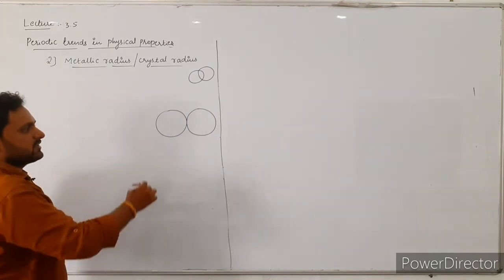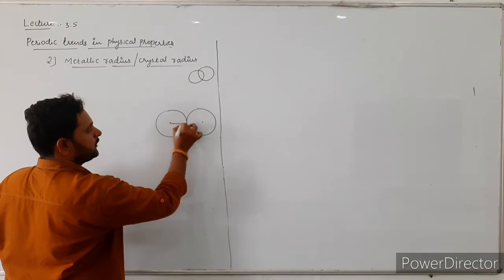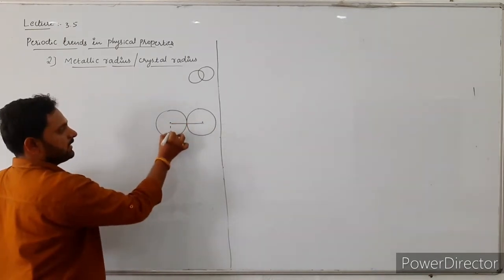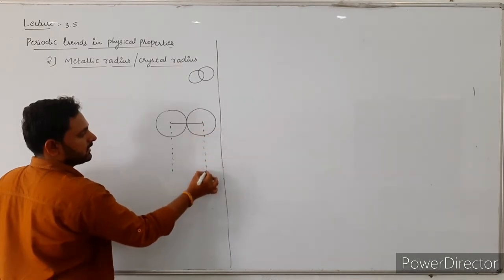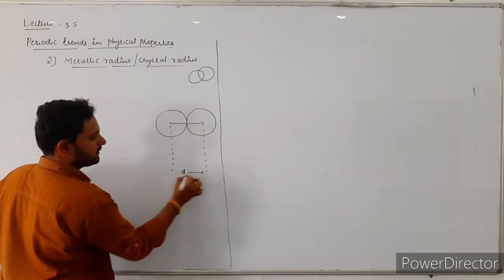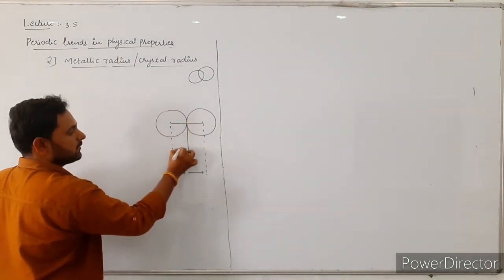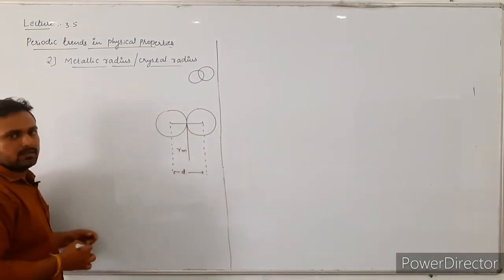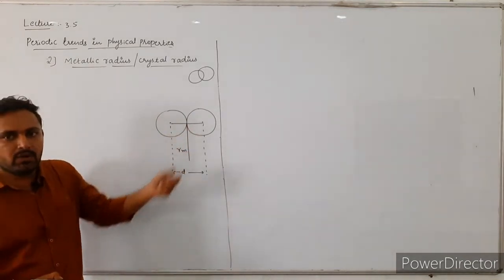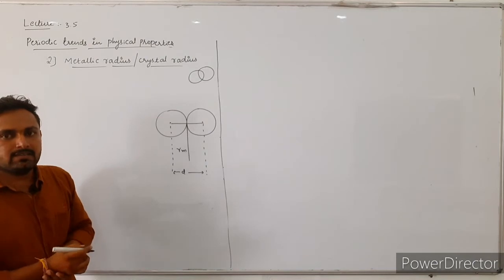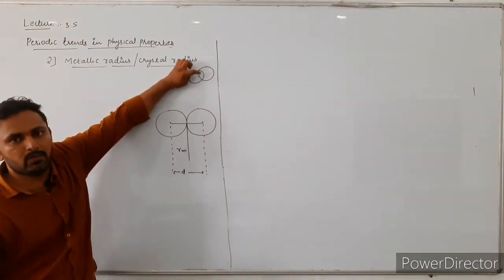So the distance between two nuclei is called internuclear distance. Half of the internuclear distance is called metallic radius, and the internuclear distance between two metallic bonded atoms is greater compared to that between two covalent bonded atoms.